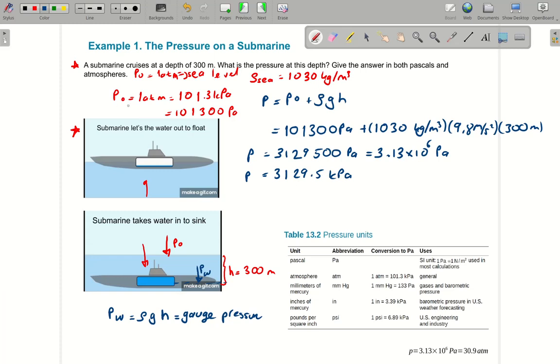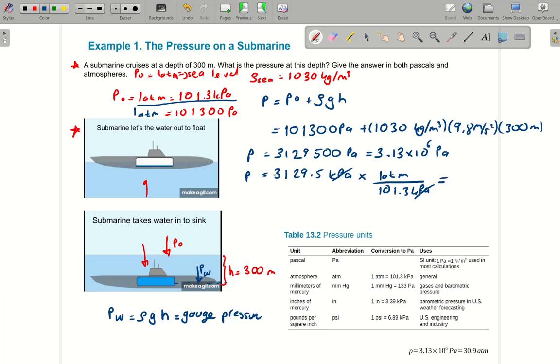Then I can convert this to atmosphere. So 1 atmosphere, here we said, right, 1 atmosphere is equal to 101.3 kilopascal. You can convert from Pascal or from kilopascal. All should work. So all I have to do is multiply this by 1 atmosphere divided by 101.3 kilopascal, a regular conversion way.